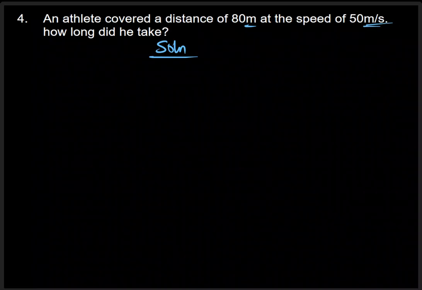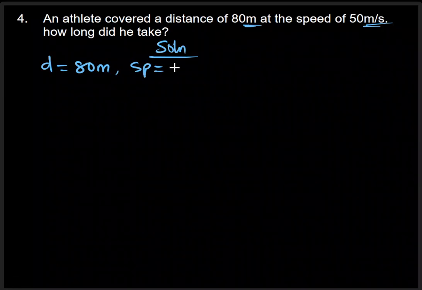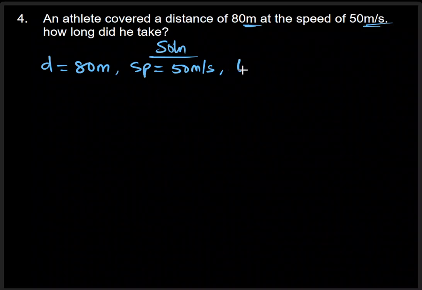This is our speed, this is our distance. So distance is equal to 80 meters, and our speed is equal to 50 meters per second. We are asked, how long did he take? The 'how long' there is telling us time. Time is what we are looking for.